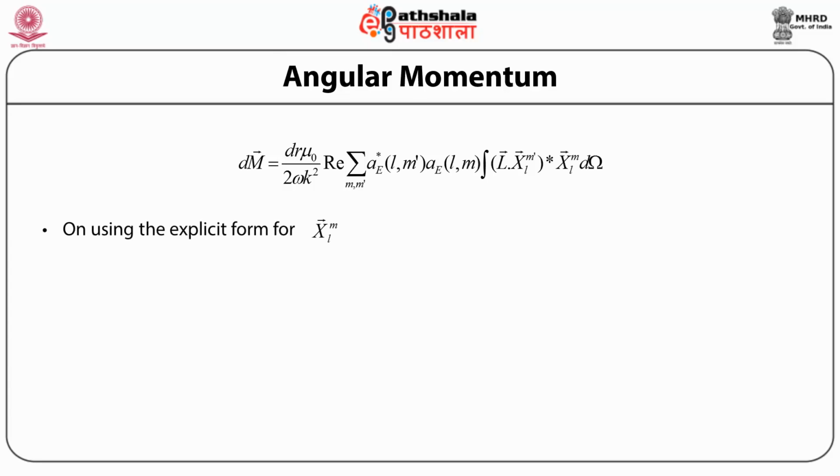On using the explicit form for X vector l m, we have dM vector by dr equals mu naught divided by 2 omega k square into the real part of the summation over m dash of a_E conjugate as a function of l m dash into a_E as a function of l m into the integral of Y l m dash conjugate into L vector into Y l m d omega.